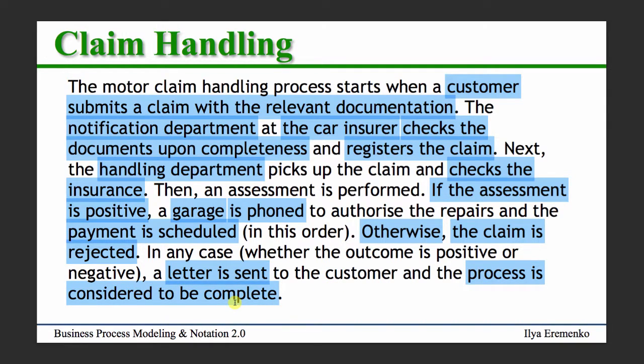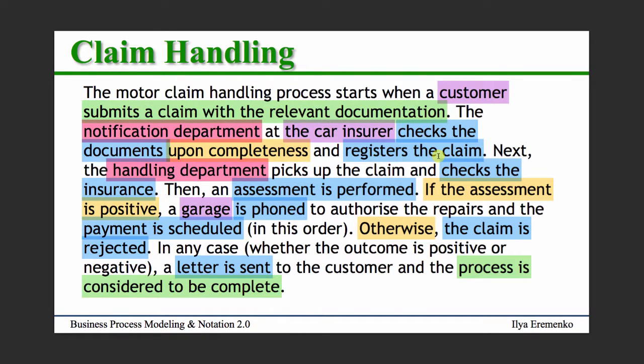Now that we have found all the elements we could in the textual description, let's color code them so it will be easier for us to transfer them to our workspace. So you can see that this case study is very colorful. It contains a lot of different BPMN elements and it's very good to practice and not to be afraid of big models because you're gonna deal with them a lot.